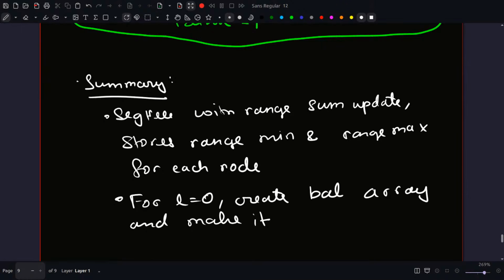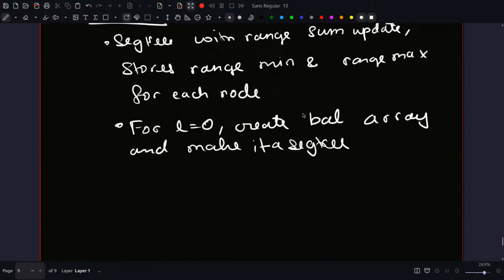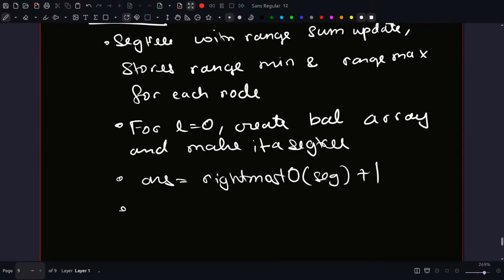Depending on how your segment tree template is, you can do that. Obviously the answer will be the rightmost zero in the segment tree plus one at the start. This will be our answer.